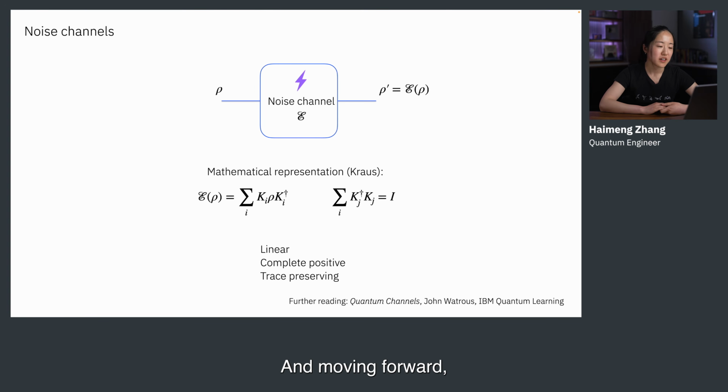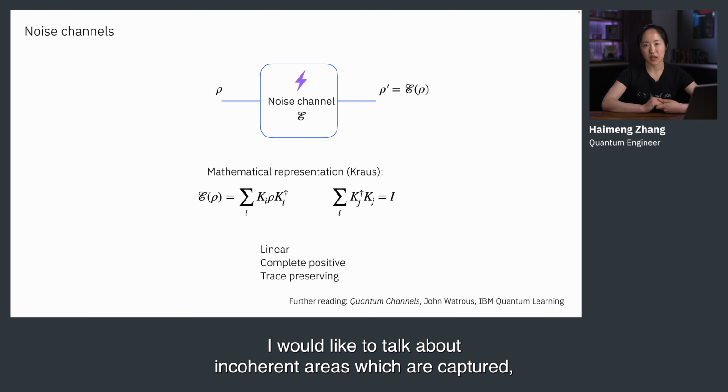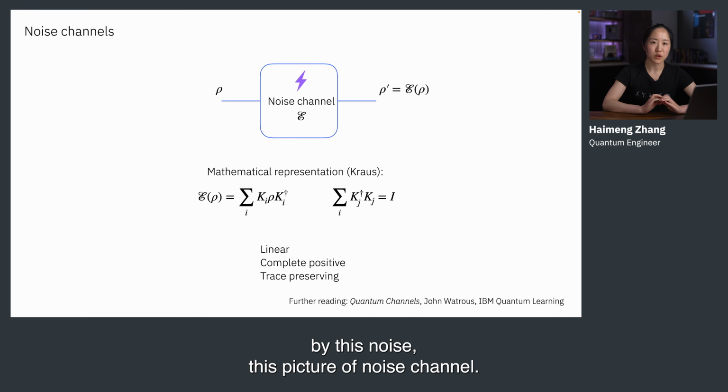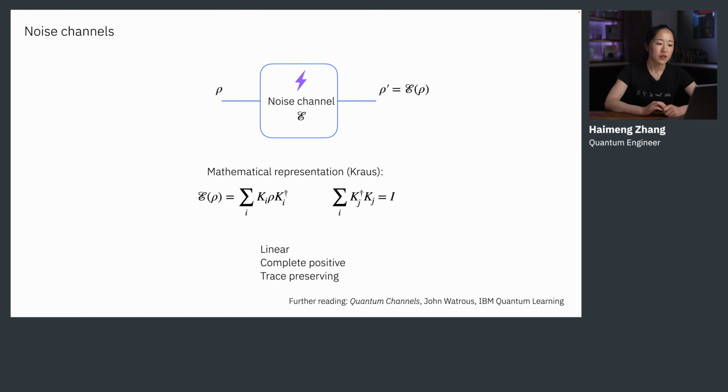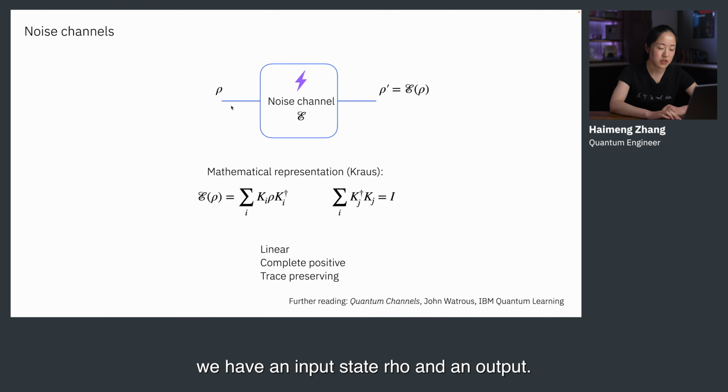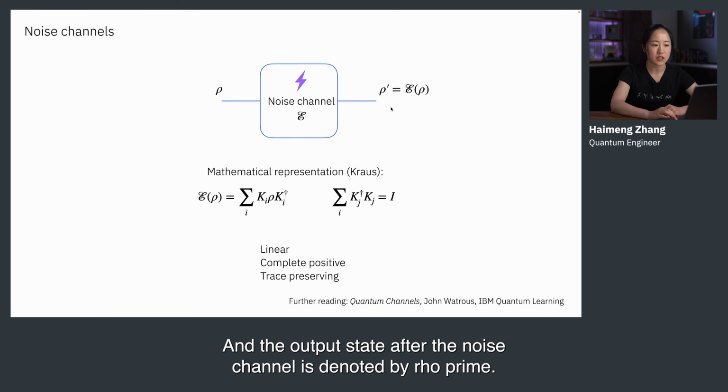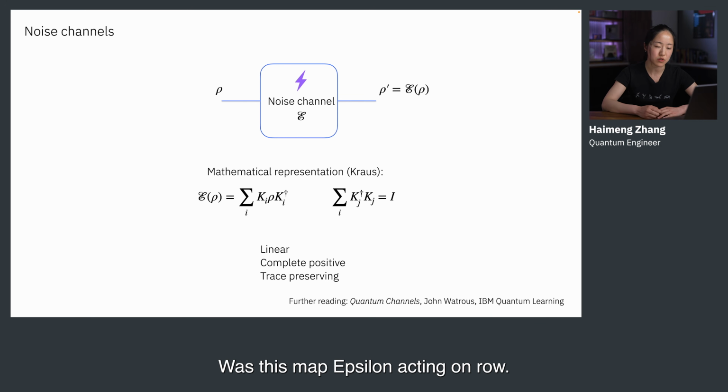And moving forward, I would like to talk about incoherent errors, which are captured by this picture of a noise channel. So over here, we have an input state rho, and the output state after the noise channel is denoted by rho prime, with this map epsilon acting on rho.